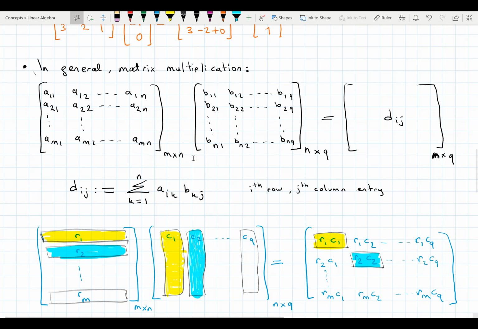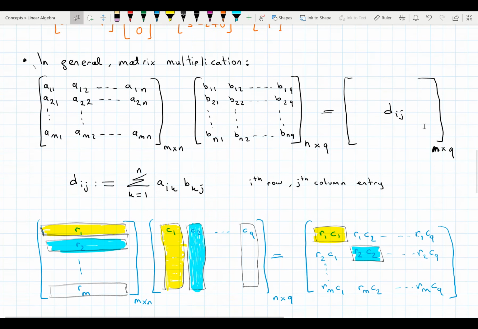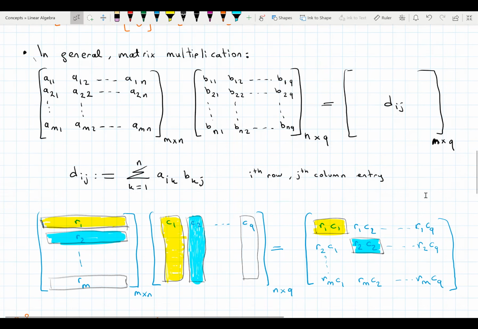And the resulting matrix will be M by Q. Each entry here, the ij entry, which is the ith row and the jth column entry, will be a sum such that i is fixed and j is fixed, but k runs through from 1 to n. That's what we've seen previously in this video. That is the summary of it.